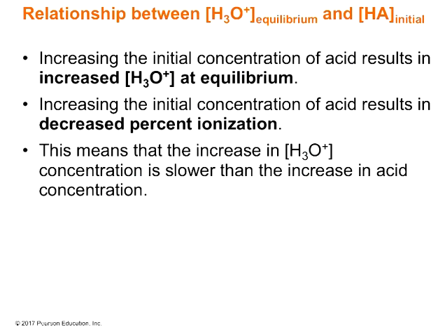Now, if we increase the initial concentration of acid, then that's going to result in increased hydronium ion concentration at equilibrium. However, what's really interesting here is that increasing the initial concentration of acid results in a decreased percent ionization.